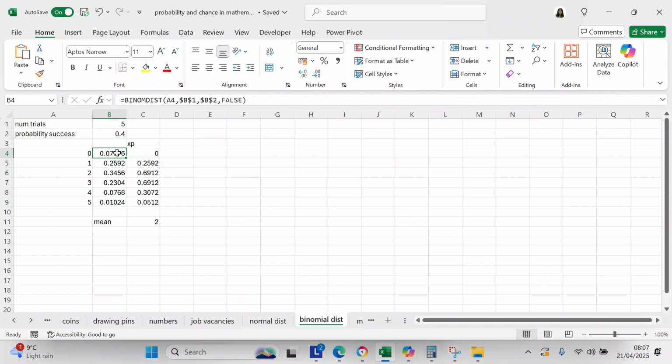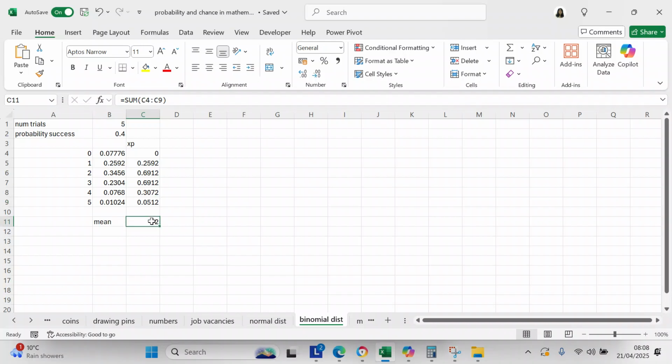And then we take that and copy it down to the other 5 values. Now we're going to calculate the probability times x. So A4 times B4 is 0. And then we copy that down to the other 5.